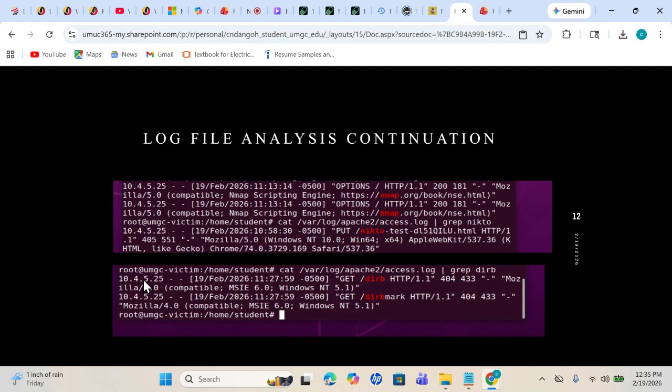Still checking the log files, you can see the dirb command I earlier carried out from the attacker's system. This is the attacker's IP address, so it shows the dirb scan was carried out by the attacker's machine, which is 10.4.5.25.